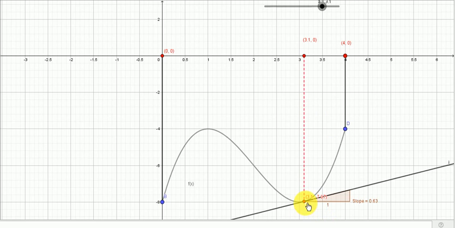So when you are increasing x through x equal to 3, the sign of the derivative is changing from negative to positive. So x equal to 3 is nothing but a point of minimum.